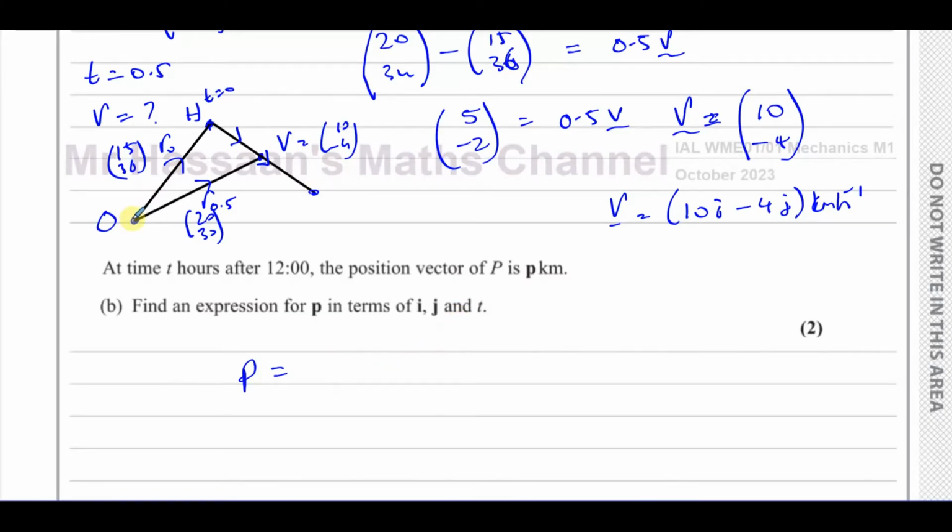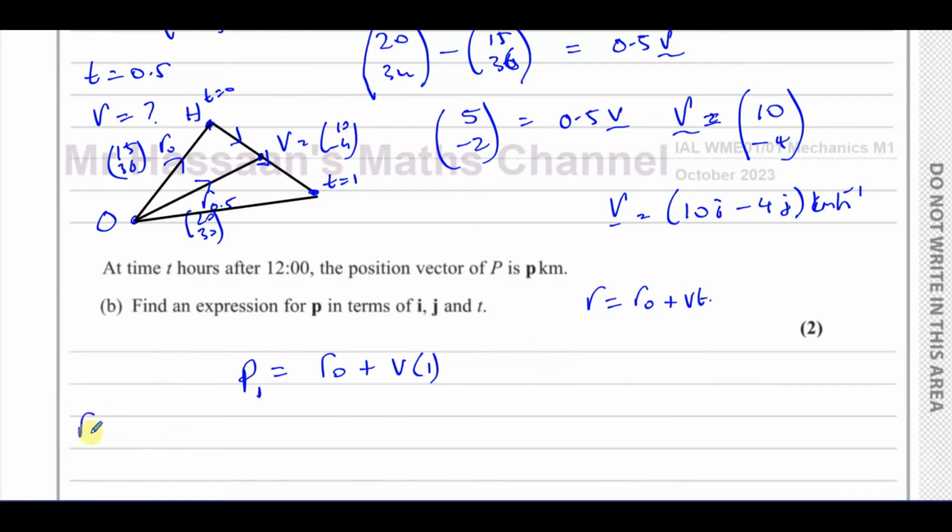So as I just mentioned here, this is where it's going to be at 1 hour. Its position will be from O to that point. So you can say the position vector of P after 1 hour is going to be r0 plus its velocity times 1. So we're going to use this vector r equals r0 plus vt to find the actual position vector.